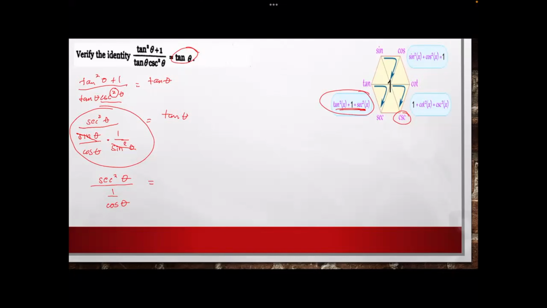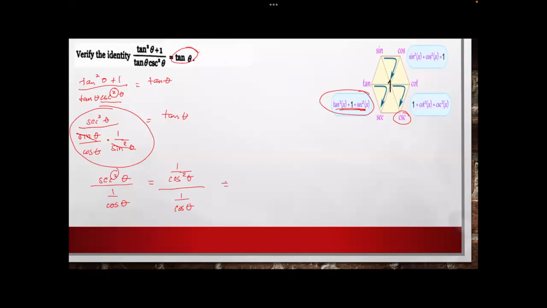Alisin muna natin yung squared. Ano yung possible? Yes, Bruno. 1 over cosine po. Okay, so magkakaroon tayo dito ng 1 over the cosine theta. Since ang given natin ay may squared, lagyan natin siya ng squared, all over the 1 over the cosine theta.